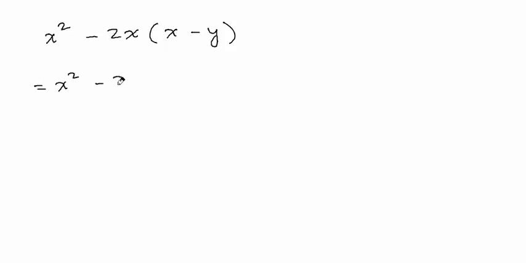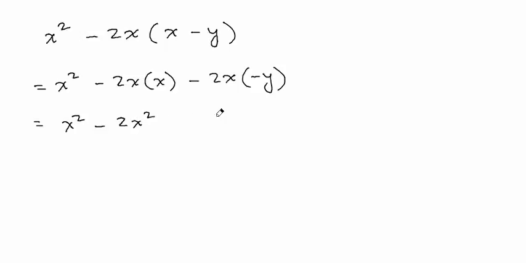So minus 2x times x and minus 2x times negative y. This is going to be equal to x squared minus 2x times x, that's negative 2x squared or minus 2x squared. And this minus times this minus is a plus, a positive 2xy.